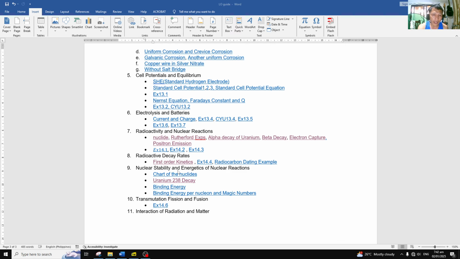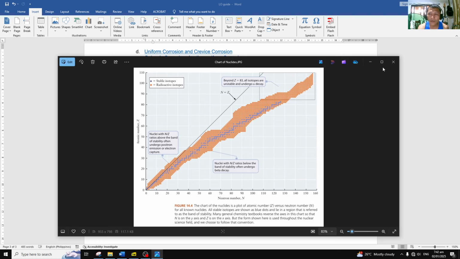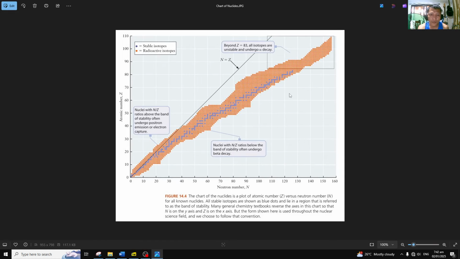Then for nuclear stability, iniplot actually ang mga nuclide, and they have found out, sorry guys, medyo may sipon ako, that there is a region of stability. So, plot nira, divide nira ang imo neutron number n with respect to atomic number z.